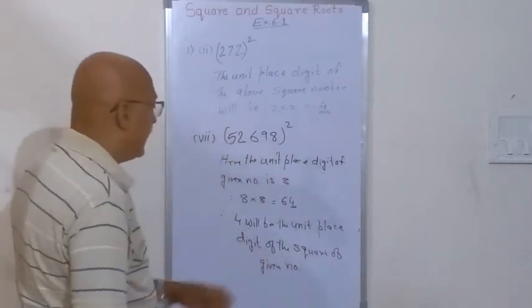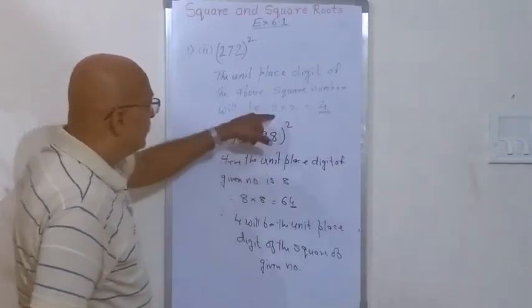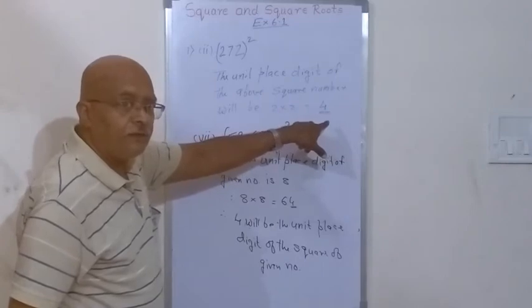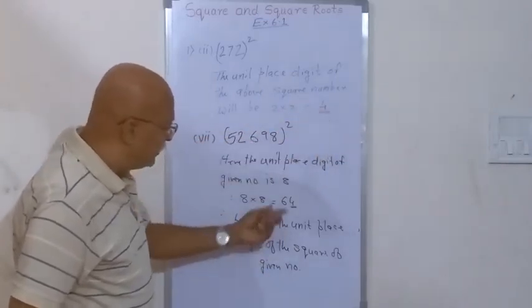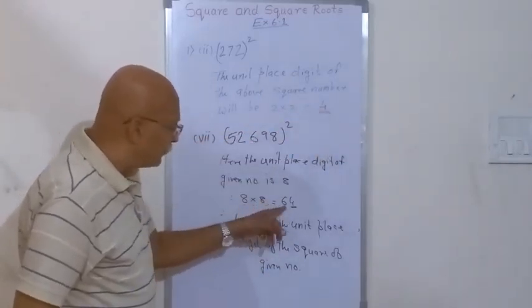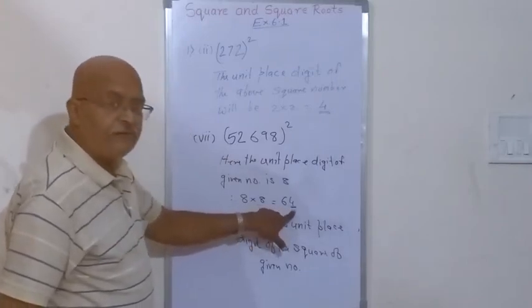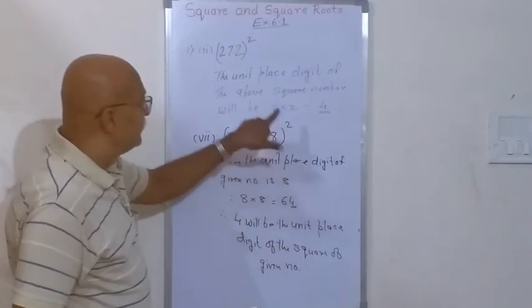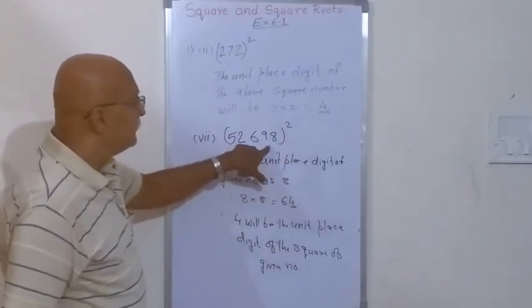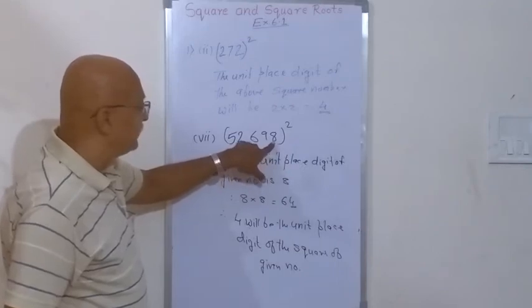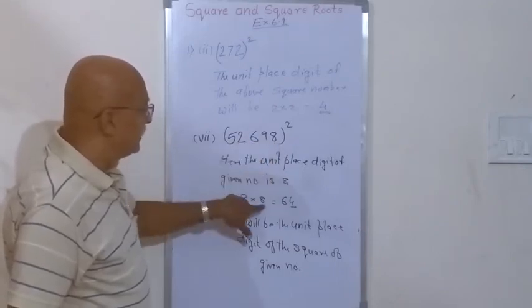Now see why I have written so much, because here it was just 2 multiplied by 2, single digit we were getting, but here we are getting 2 digit number after multiplication. So in that 2 digit number, what will be the unit place digit? That the same will be the unit place digit when we find the square of this number. As here 8 is the unit place digit, so 8 8s are 64.